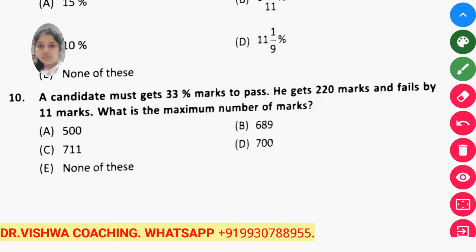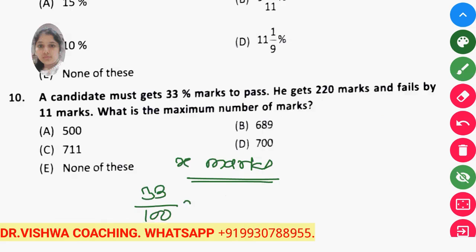Now the next one is: a candidate must get 33% marks to pass. He gets 220 marks and fails by 11 marks. Then what is the maximum number of marks? Okay, so we have to calculate the final marks. So see, suppose the exam is of x marks. Now how much does he need? 33%.